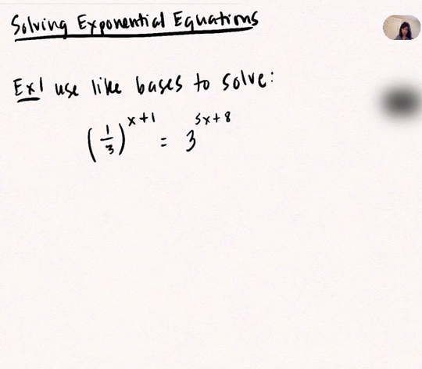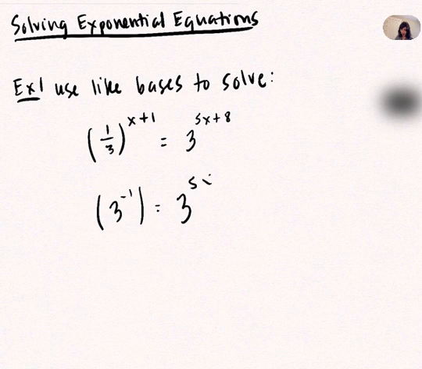In fact, 1/3 is the same as 3 to the negative 1. So I can rewrite it, and now they look closer to having the same base. But they're still not quite the same base because the base on the left is 3 to the negative 1 and the base on the right is 3. But I can use that property of exponents that says that if I have something raised to something raised to something, then I can multiply the exponents.